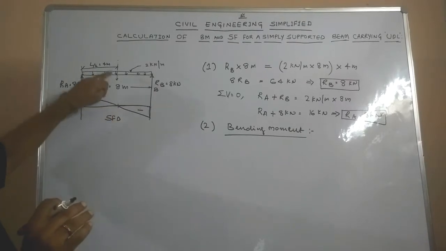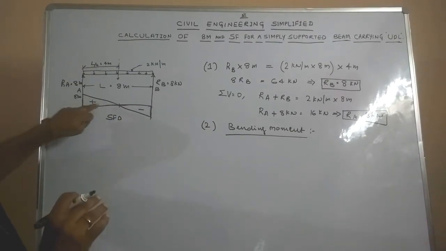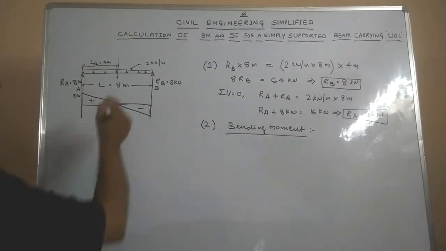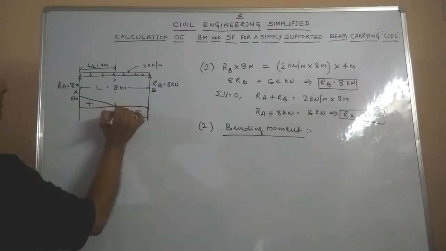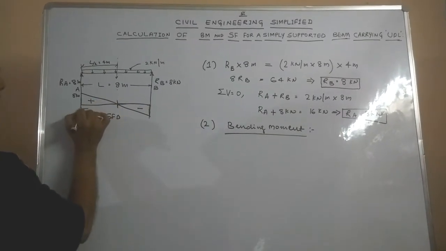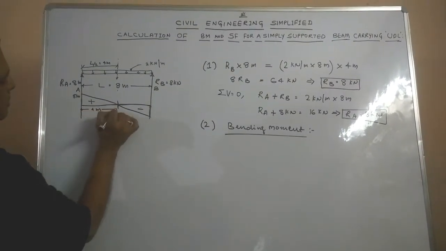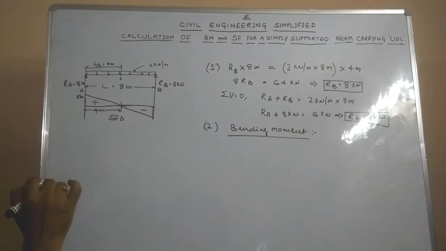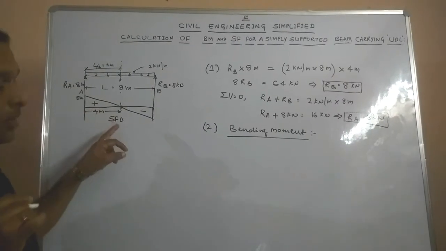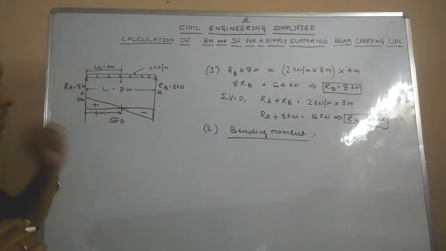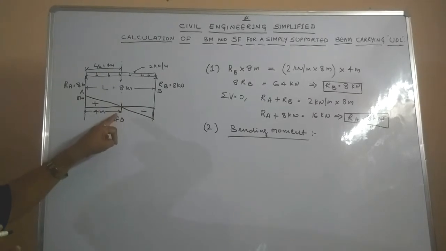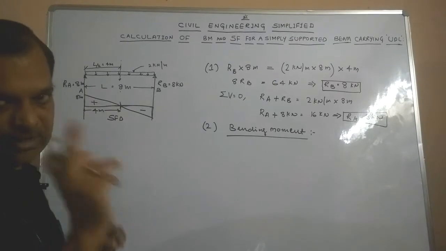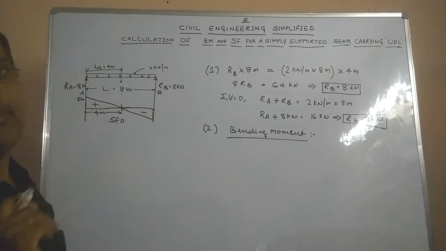In this case, you can see that the plus portion dips down and meets the horizontal line exactly at midspan of the beam, that is at 4 meters, which is half the span of the beam. Hence, the maximum bending moment occurs at this point, where the shear force becomes 0 or changes sign.